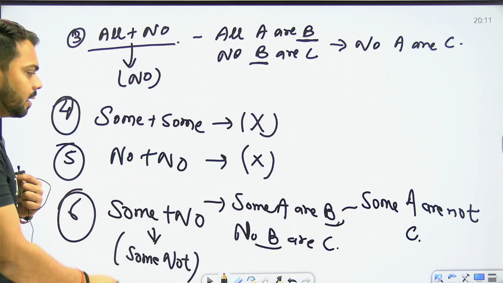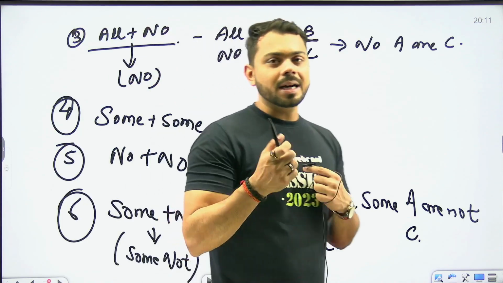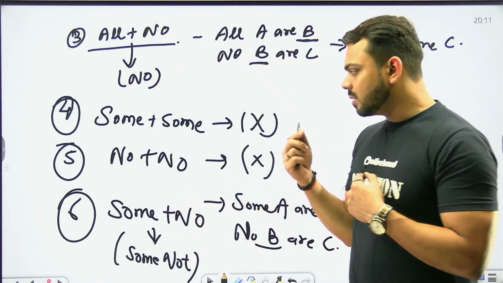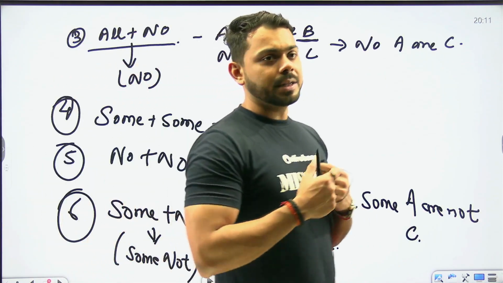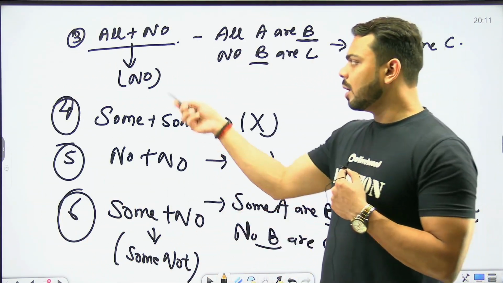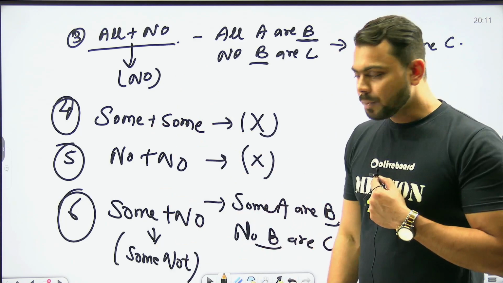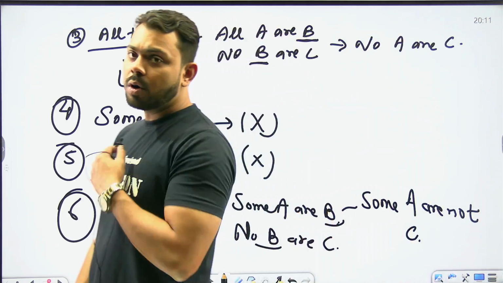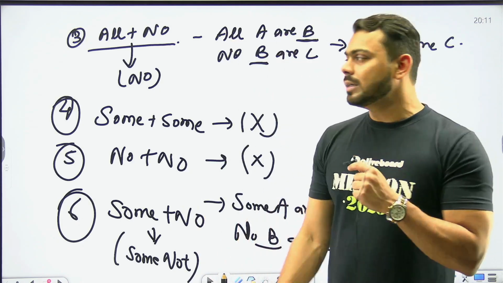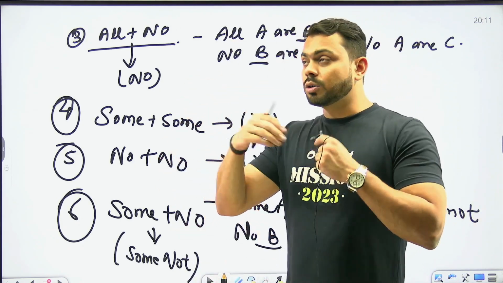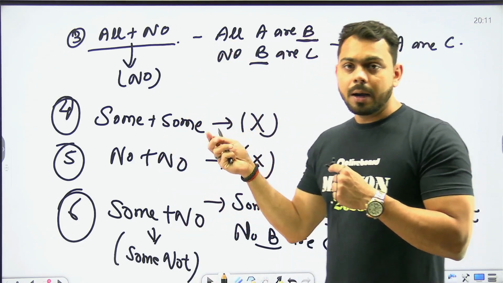So these are the logical tricks that you can apply in the syllogism part. You can make a combination of statements and draw a conclusion out of these two types of statements. But at the same time, I will advise you all that please do not rely on only one type, like the logical part.